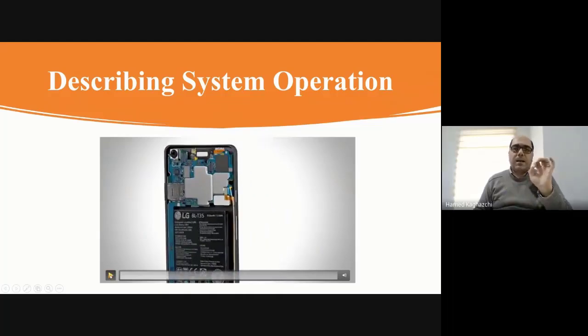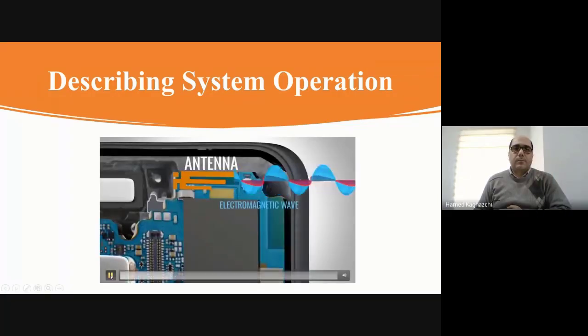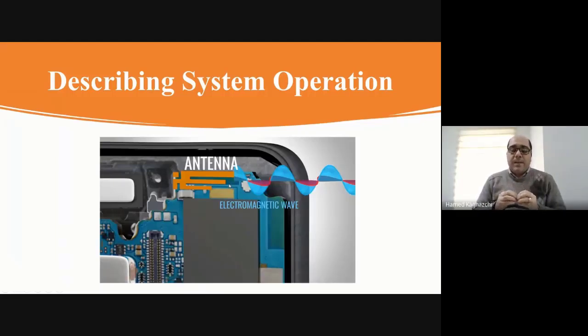Okay, this signal is sent to the antenna that is in your smartphone. This is the antenna of your smartphone. This digital signal is sent. This antenna will send your voice information, that digital signal, via electromagnetic wave to the other device.